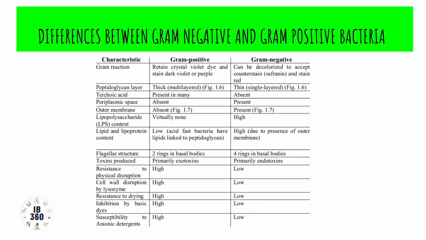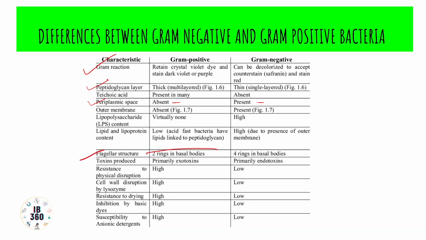Then come the differences between gram negative and gram positive bacteria. We have mostly talked about the gram reaction, the peptidoglycan layer, and periplasmic space, absent and present. You can take a screenshot of this particular page. Another very important thing to note is the flagellar structure.